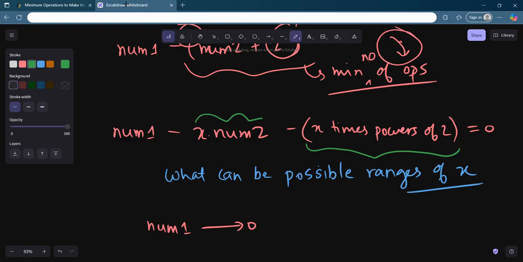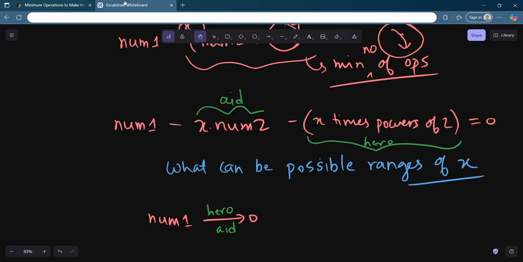Let's say I will call this term my hero. I'm just naming it for ease, we can name it whatever. This is my hero, and this is my aid, something which will aid me. So let's assume that this hero is mainly responsible for reducing num1 to 0. Now the aid is also helping it to reduce it to 0.